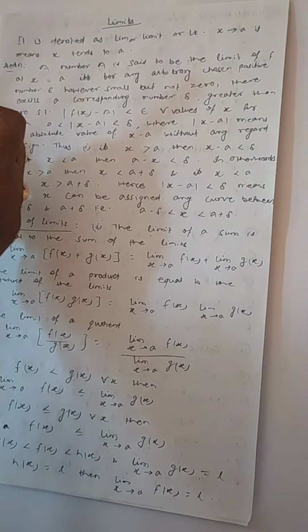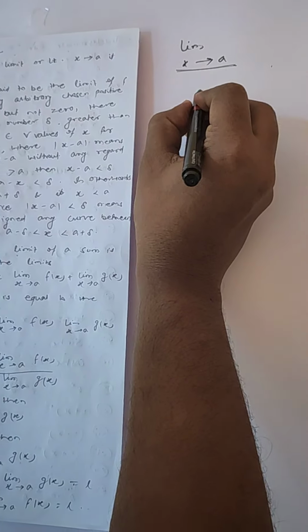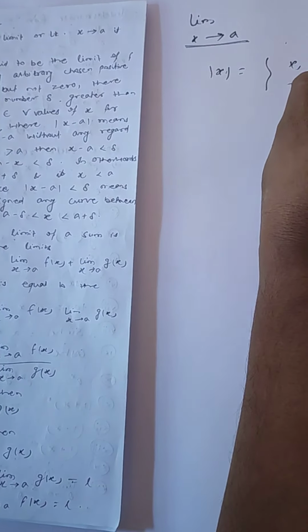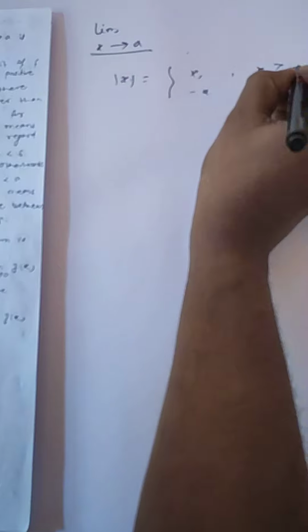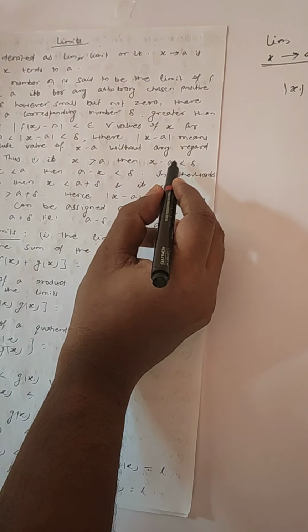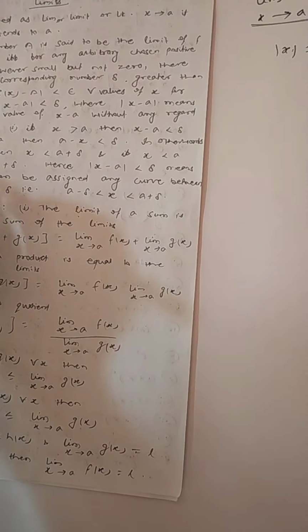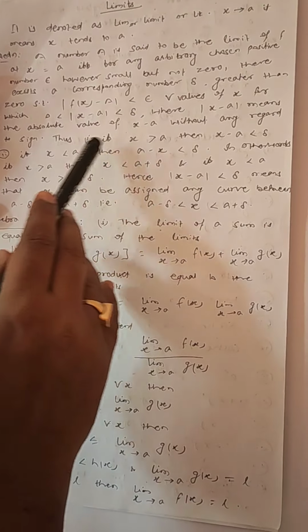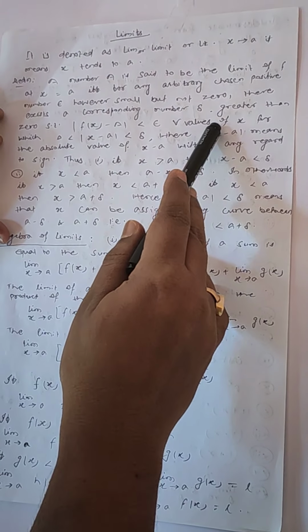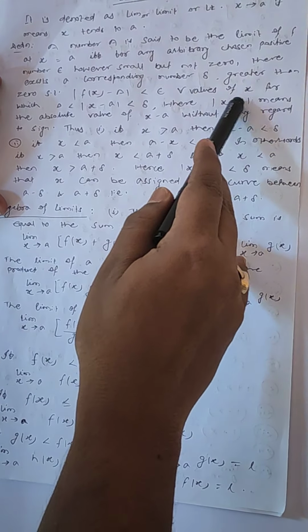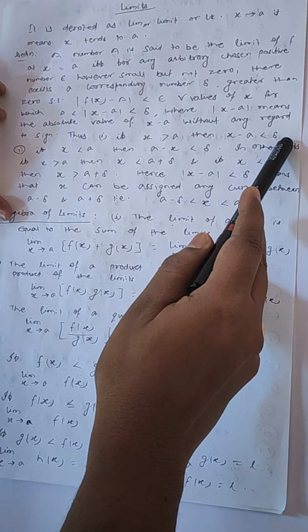That means if we write mod of x, it gives us always positive, that means for x greater than or equal to 0 and x less than 0. Here, since x minus a must give us a positive value. If x is greater than a, that means this term will be positive, x minus a less than delta.